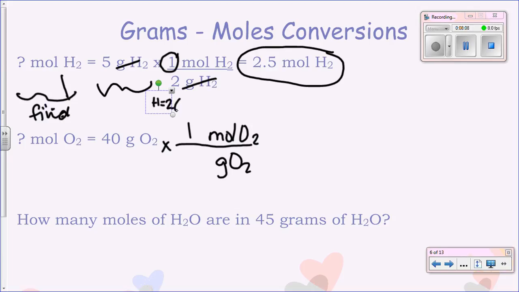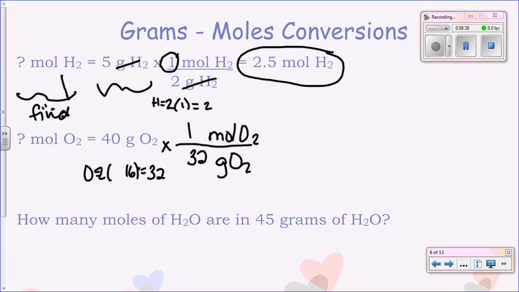We go to our periodic table, and hydrogen has the mass of 1. So 2 times 1 is 2. So what will be the mass that we put here for oxygen? Well, first off, how many oxygen do we have? We have 2 oxygen. They each have the mass of 16. So the mass is going to be 32.